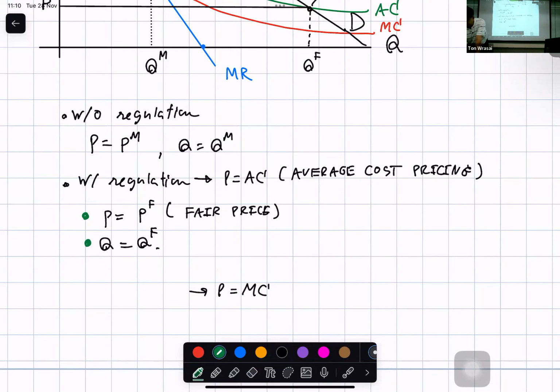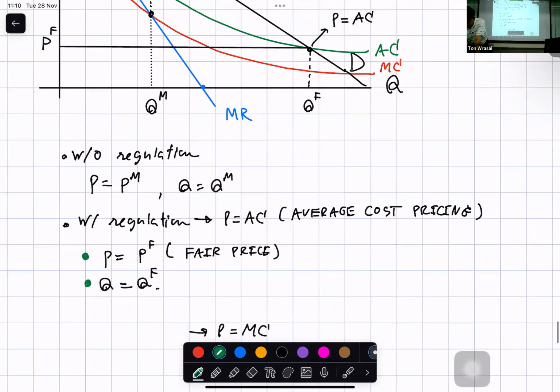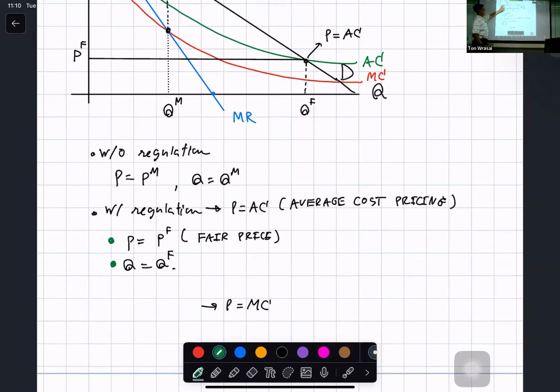And check, given this regulation asking monopolists to charge price equal to cost per unit. This height.